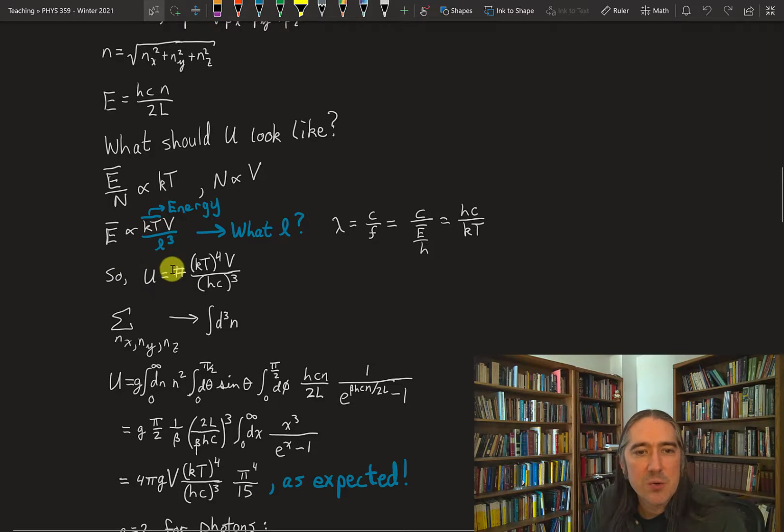Good. So U is going to look like some number times KT times V divided by this length scale cubed. So when I flip this, KT comes on top, I get KT to the fourth, V over HC cubed. So I'm going to do a bunch of work to figure out what this number is. And I'm going to have a pretty good idea that I've done it correctly when all of the functional dependence, all the physics, looks right.